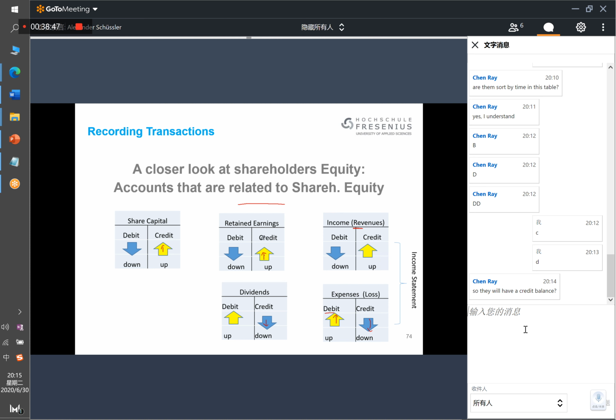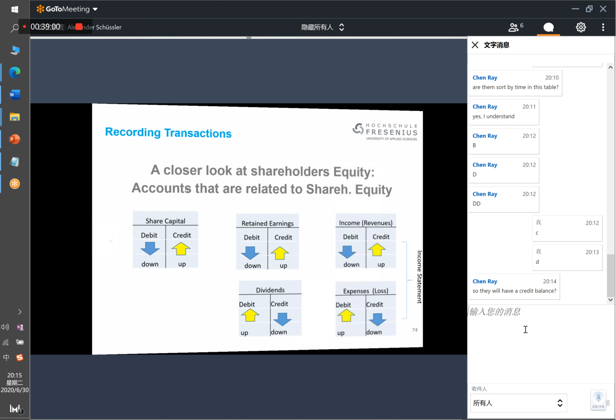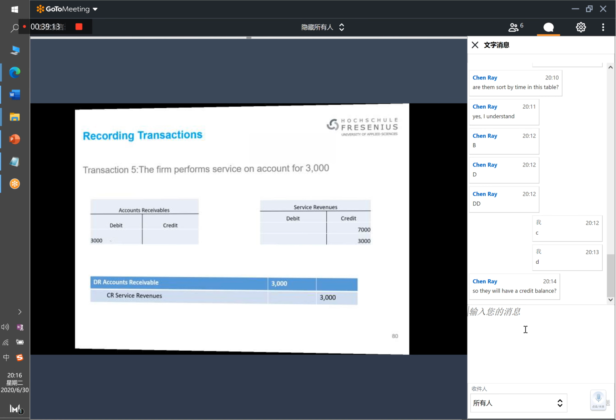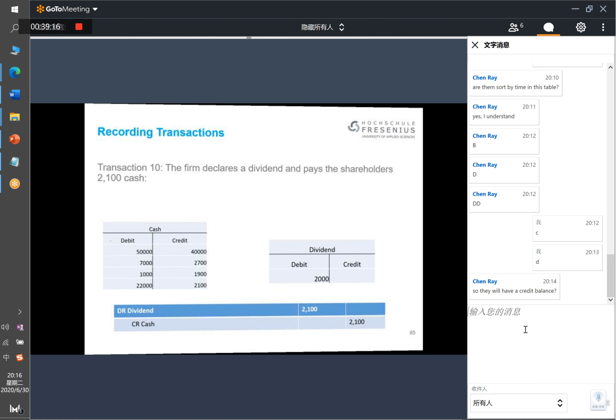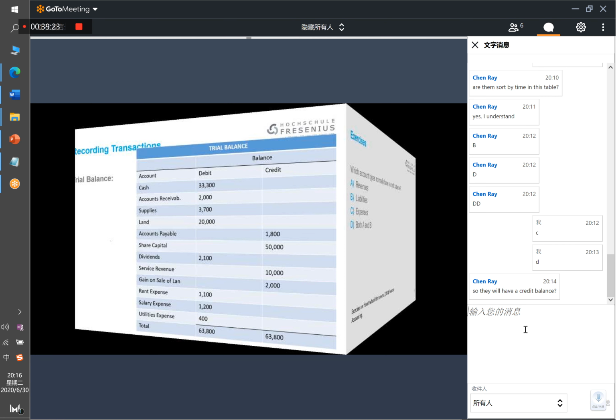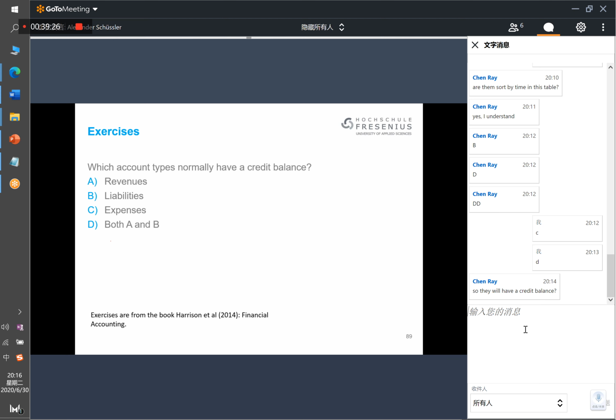So you can always look at this slide, or the one page before, and there you see what accounts have a credit balance and what accounts have a debit balance. So here both A and B is correct.